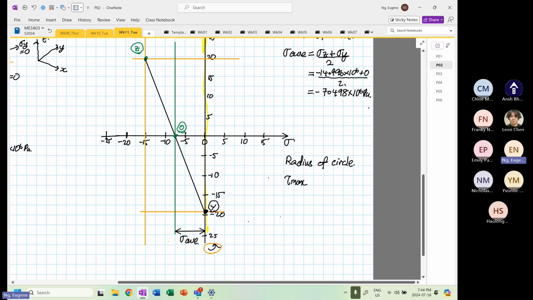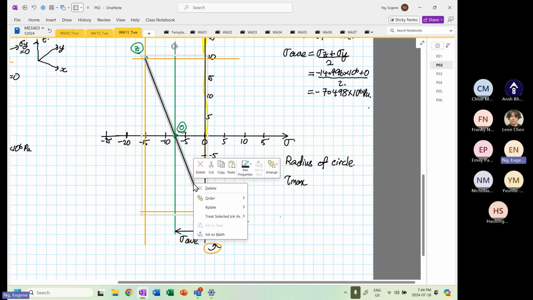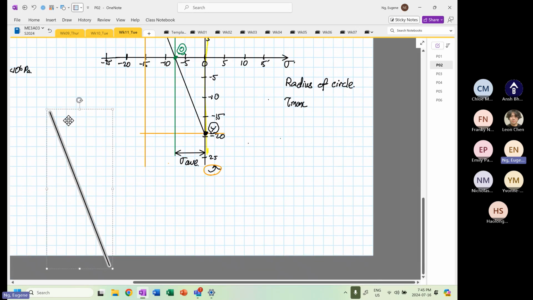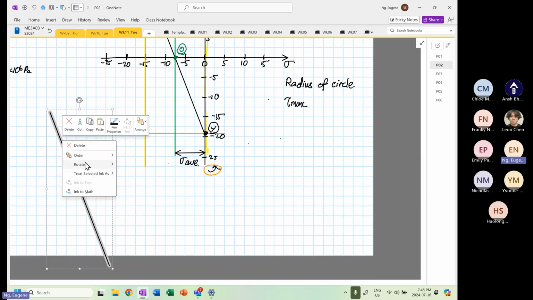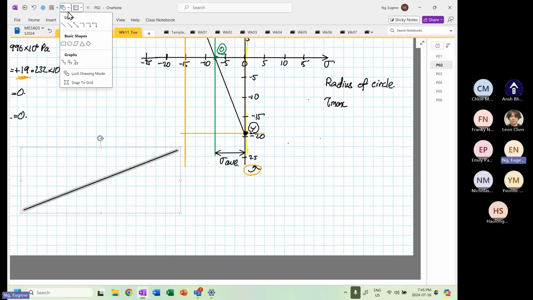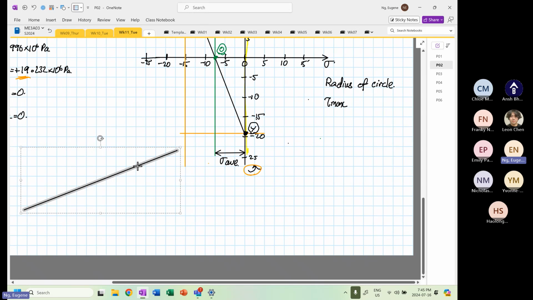So if I were to write down where the radius of the circle is, give me a moment. Just copy this line, I will paste it, and I'm going to rotate this by 90 degrees. Ignore me for now.